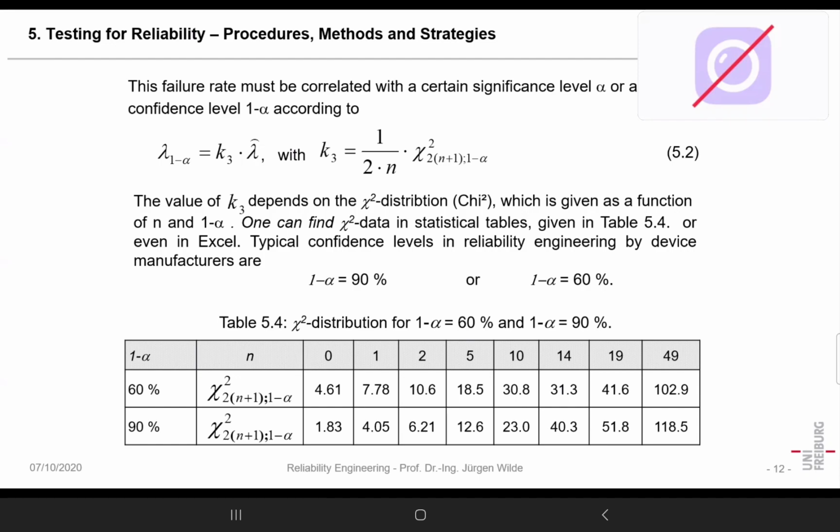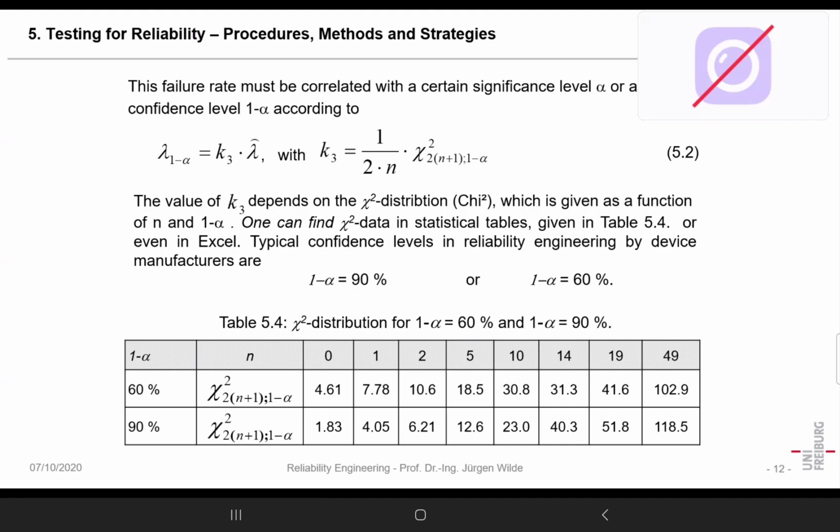How many FIT is that? So it's 1,000 FIT. One FIT is 1 in 10 to the power of 9, but here we have 1 in 10 to the power of 6, so it's 1,000 FIT. Okay, so we have a FIT rate based on 1 failure.